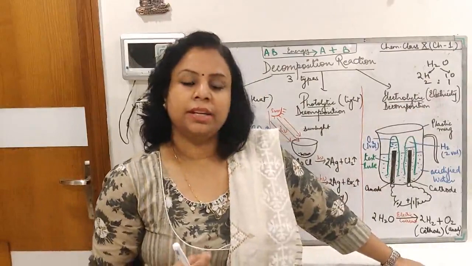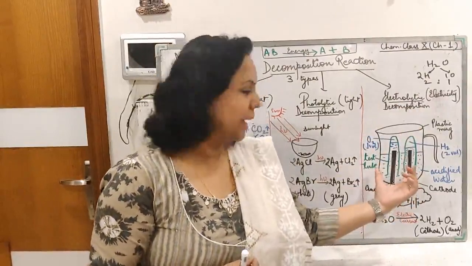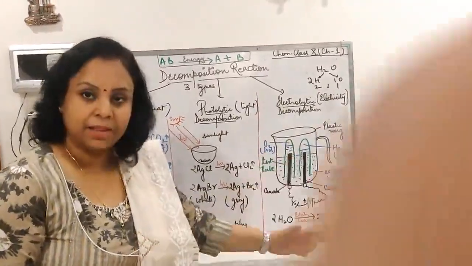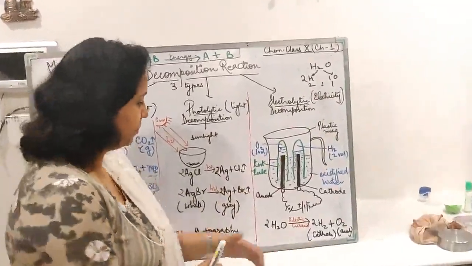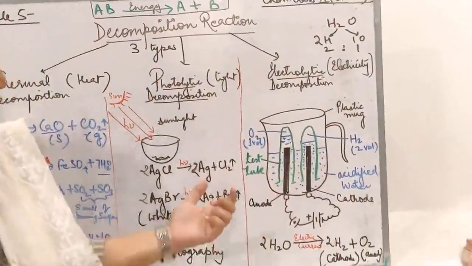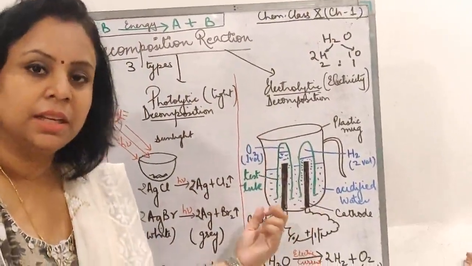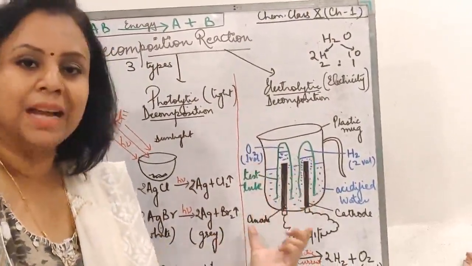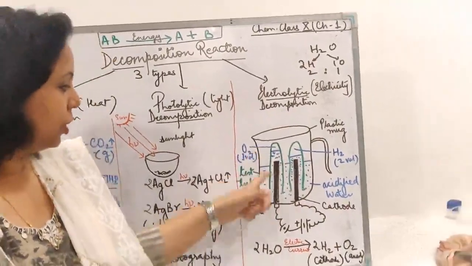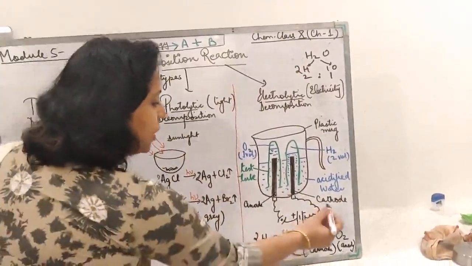Now, electrolytic decomposition can be studied with the help of this apparatus which I have made over here. In this setup I have taken a plastic mug, in which two carbon electrodes have been taken, anode and cathode.